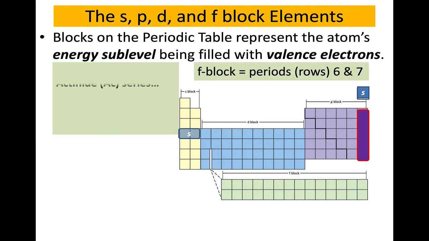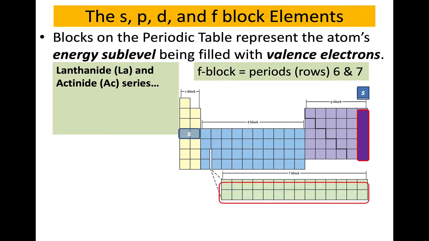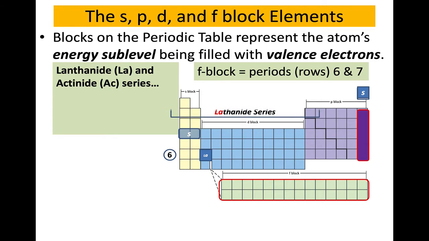The F block, rows 6 and 7, are called the lanthanide, La, and actinide, Ac, series. That's those guys there. They were actually squeezed in on rows 6 and 7. There's lanthanum. It's in the D block. But everything that comes after that is the lanthanide series. It was squeezed right up in here if it could. So that's actually row 6.